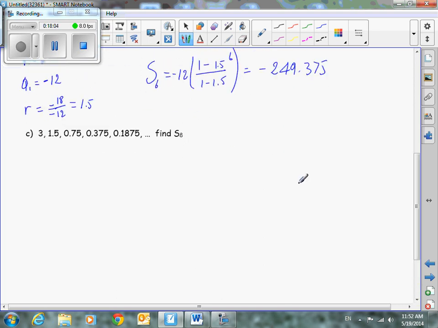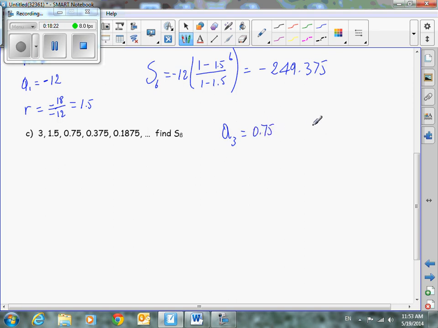Now here's another one. It's saying find S8. Now I feel like it's giving you easy stuff all over. Instead of giving you this one, I could have said A3 is equal to 0.75.